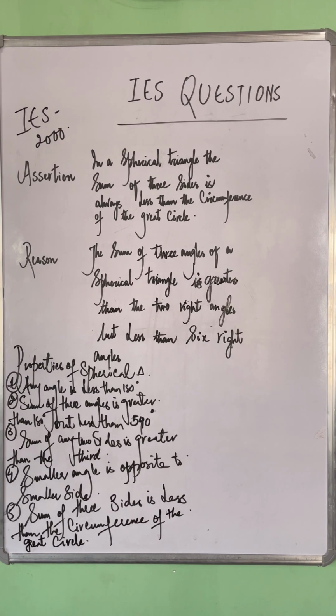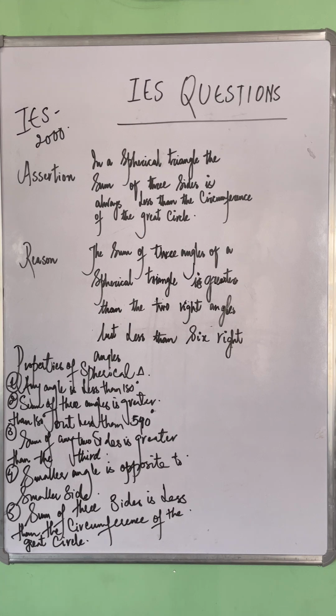So properties of a spherical triangle are that any angle is less than 180 degrees, the sum of three angles is greater than 180 degrees but less than 540 degrees, the sum of any two sides is greater than the third, the smaller angle is opposite to the smaller side, and the sum of three sides is less than the circumference of the great circle.